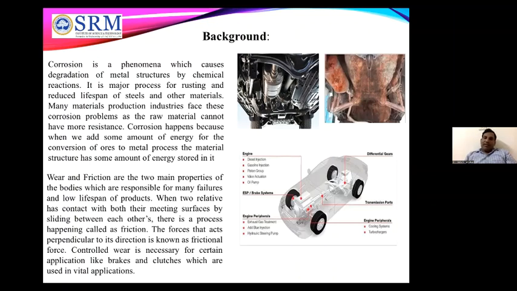Due to that, the life of the car is also reduced if you do not properly maintain or wash it. That is why we chose this topic: how to develop a good quality paint which gives more wear resistance as well as more corrosion resistance. Those are the two objectives we had in mind.